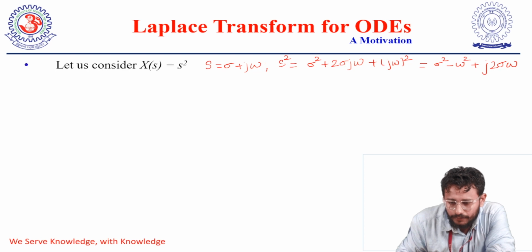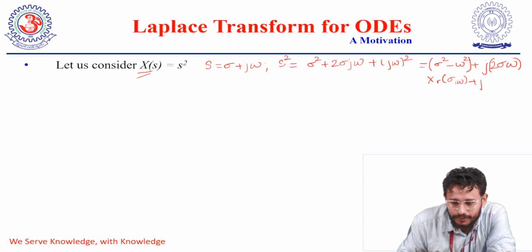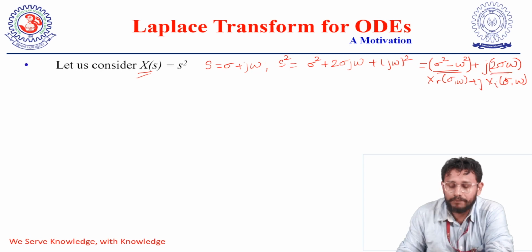Now here we can observe what we said earlier. Any function x of s in the s plane is basically a combination of a certain real function of sigma and omega added with a certain imaginary function of sigma and omega. Here, sigma squared minus omega squared defines the real segment, and 2 sigma omega defines the imaginary segment.